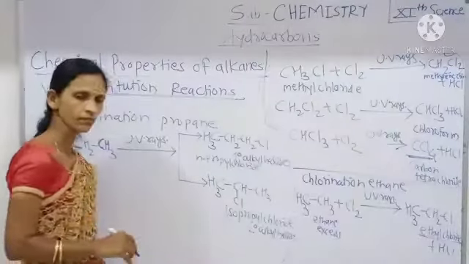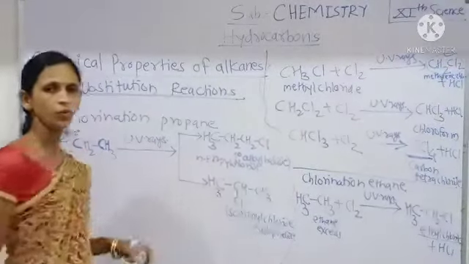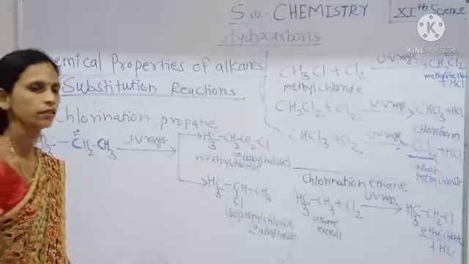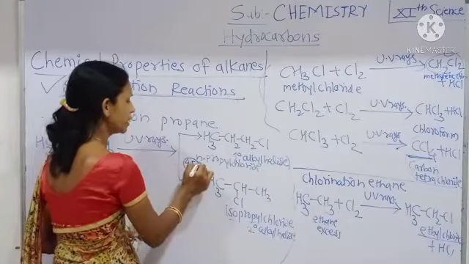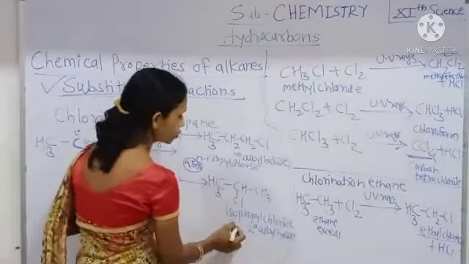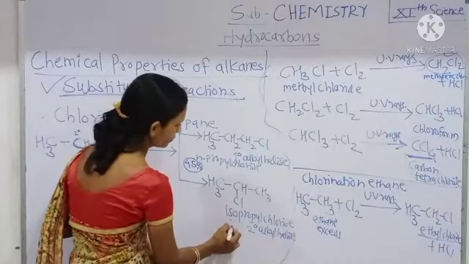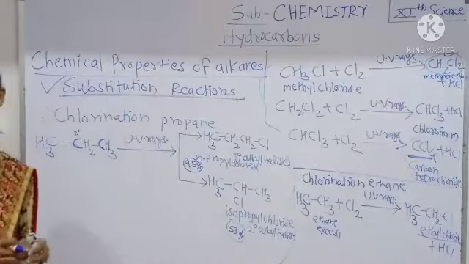Here the percentage of n-propyl chloride is about 45%, and isopropyl chloride is 55%.